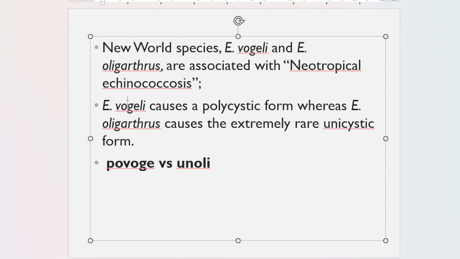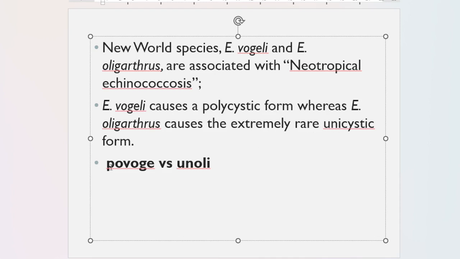So there are also other species of Echinococcus like the Vogeli and the Oligarthrus. So, Echinococcus vogeli and Echinococcus oligarthrus. Echinococcus vogeli causes polycystic form. Pero kapag oligarthrus, that is unicystic form.